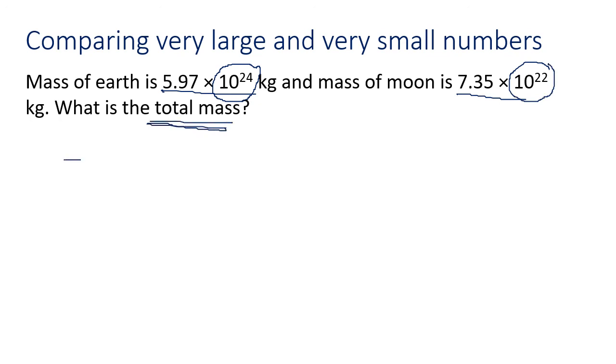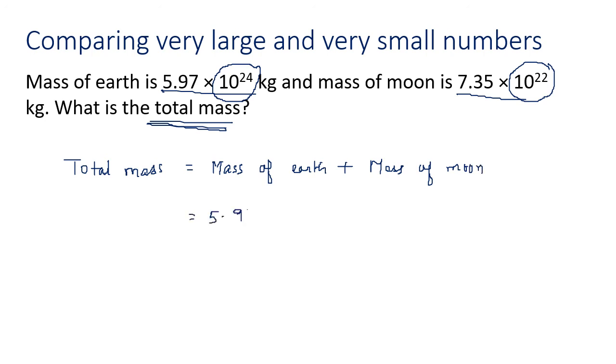So total mass will be mass of earth plus mass of moon, that is 5.97 into 10 raised to 24 plus 7.35 into 10 raised to 22.